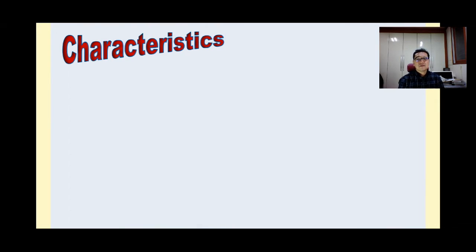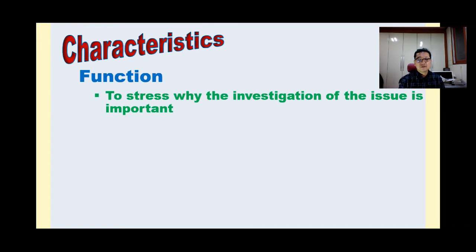Let's find out the characteristics of the introduction section of a business report. What are the functions of the introduction section? We have two functions that should be fulfilled by the introduction section. The first one is to stress why the investigation of the issue is important.